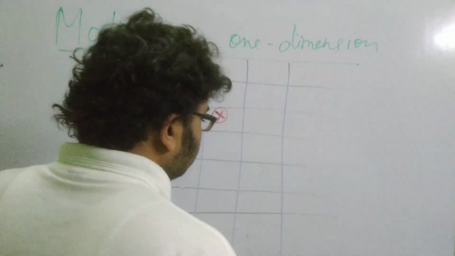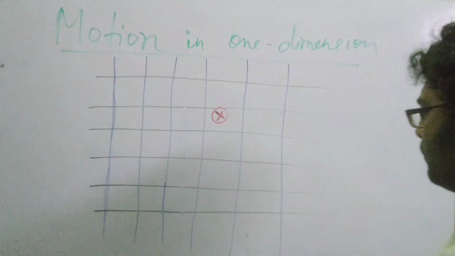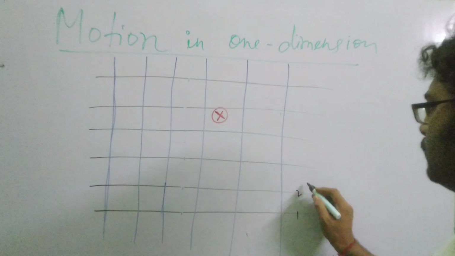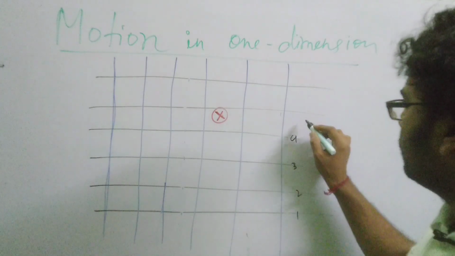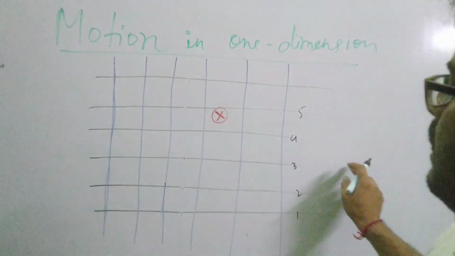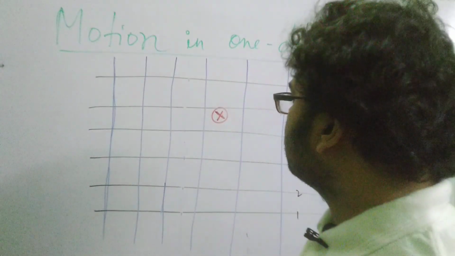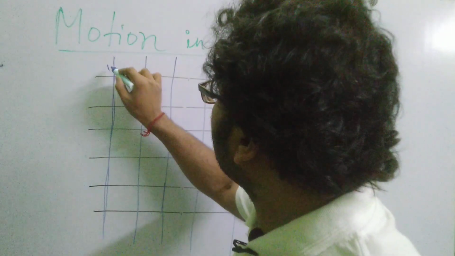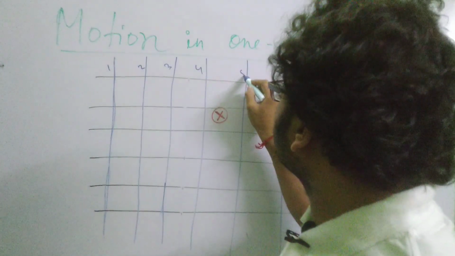You will say that beginning from the bottom, you count. This is line number 1. This is 2. This is 3. Okay, and this is 4, this is 5. Okay, and counting from the leftmost point, this is line number 1, this is line number 2, this is number 3, this is line number 4, and this is line number 5.